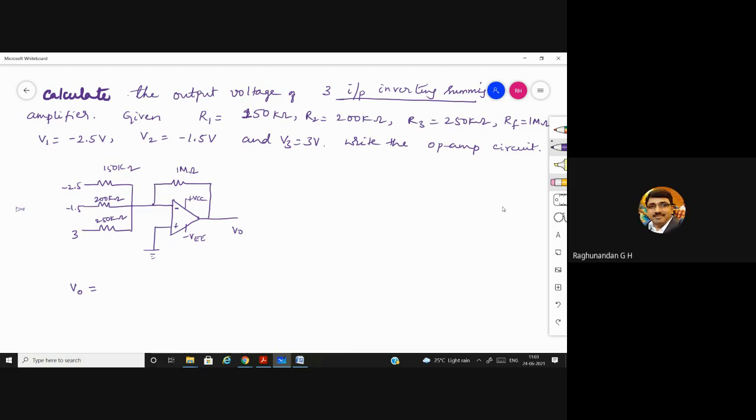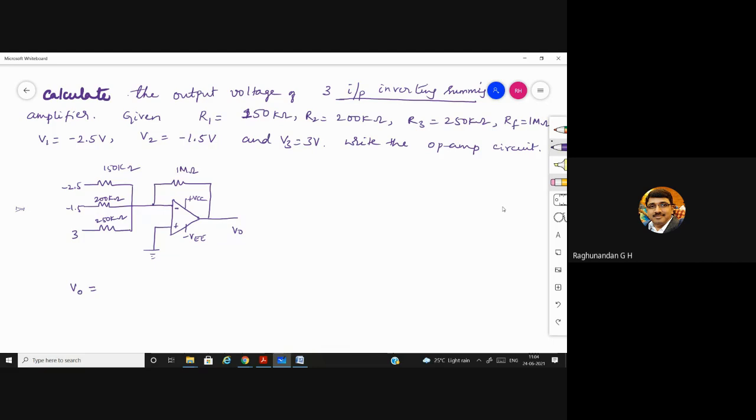No. Why? Sir, here the resistances are different. Yes. Good. Here the resistors are different. That's why don't memorize any formula. It depends. Instead of giving 3 inputs, they can give only 2 inputs, or they can give you 5 inputs also. So if you know the concept, you can apply it.